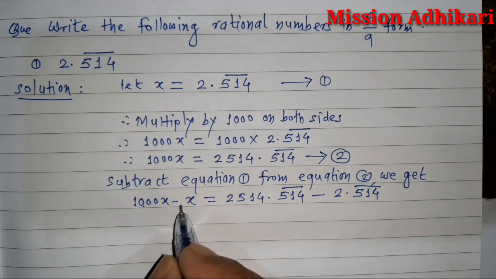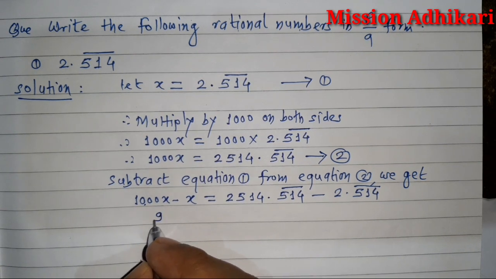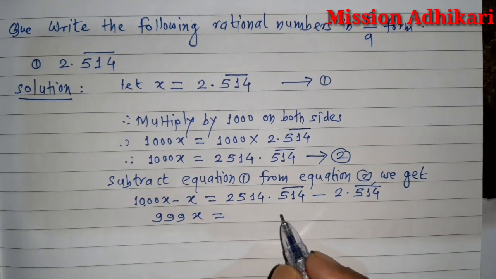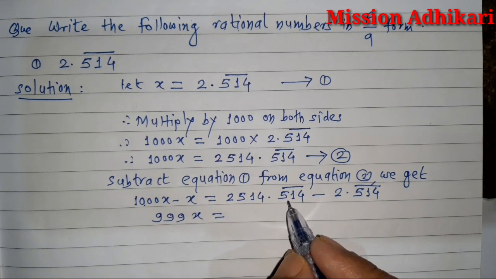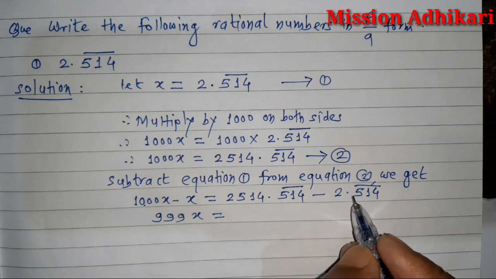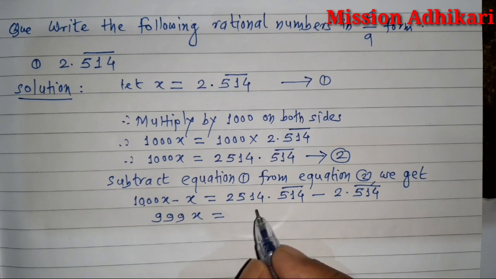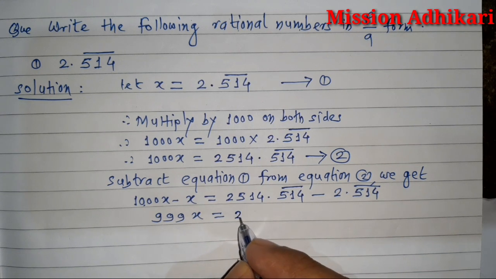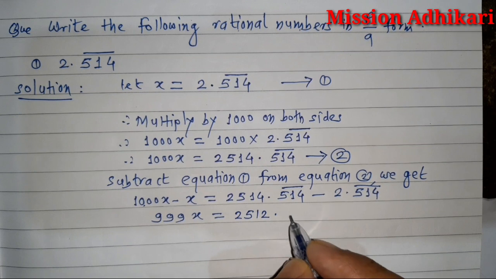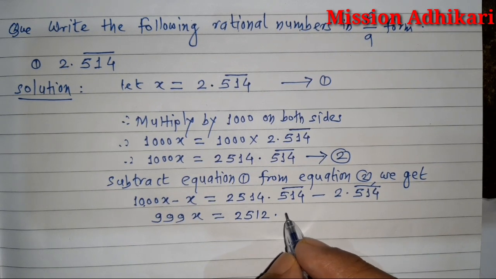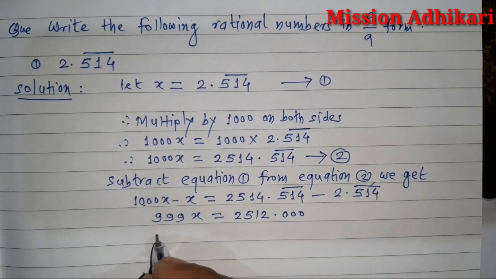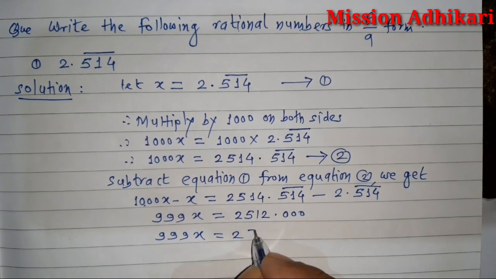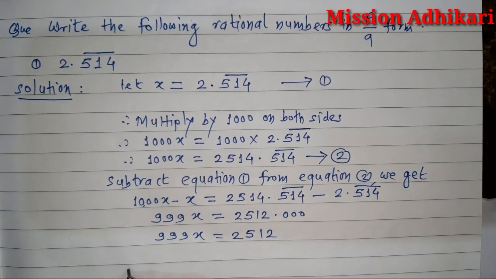Now 1000 minus 1 is equal to 999x. Here we subtract recurring 514 minus recurring 514 is 0, and 2514 minus 2 means 2512.000. That means 999x is equal to 2512.